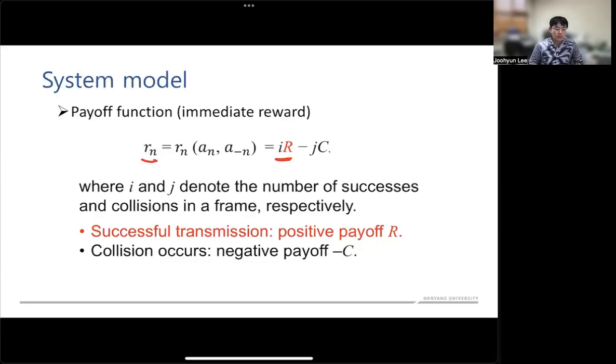And we also want to avoid collision as much as possible, so we want to have a negative reward of -c for each collision event. So the immediate reward that a user receives after one frame is defined as I·R minus J·C. So each time we have a successful transmission, we add R, and each time we have a collision, we deduct C from the reward. Okay.